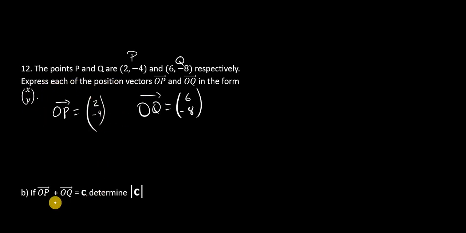Now let's look at part B, which tells us that we must add the position vectors in the column vector format.